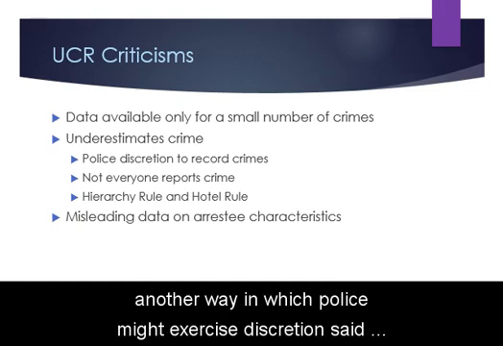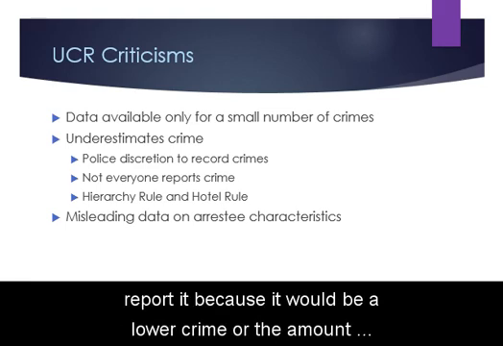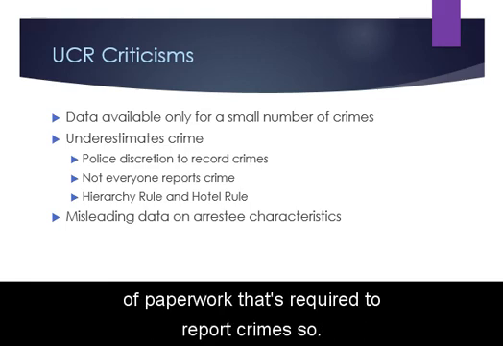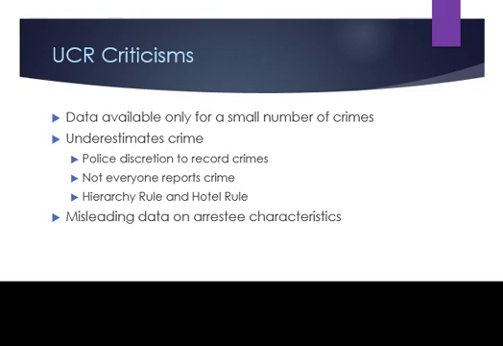Another way in which police might exercise discretion is that even if they think a crime has occurred, they may not report it because it would be a lower crime or because of the amount of paperwork that's required to report crimes. So, police have discretion to record crimes, and they may not record them.